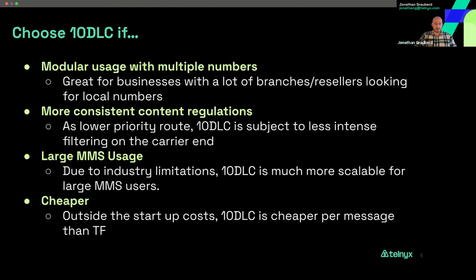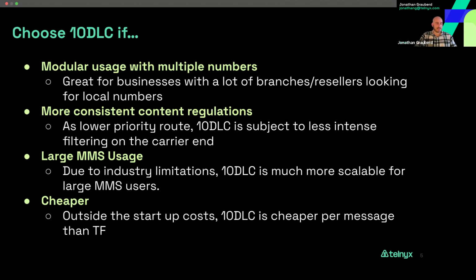To give that a little bit of perspective, 10DLC, which still is the largest sending medium in the industry from what we're seeing, is best for the following. One, if you have modular usage of multiple numbers.